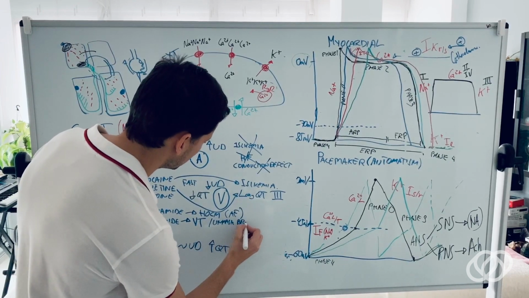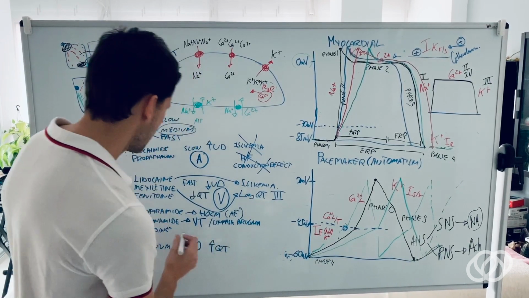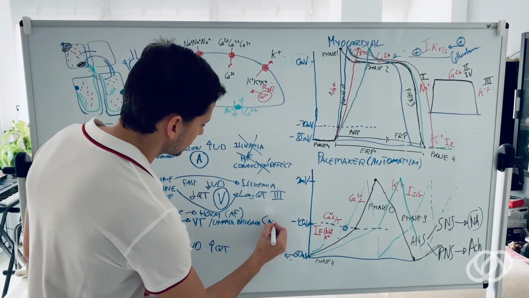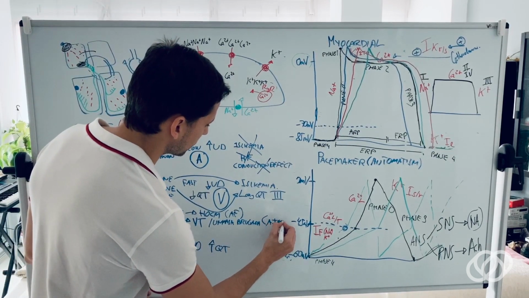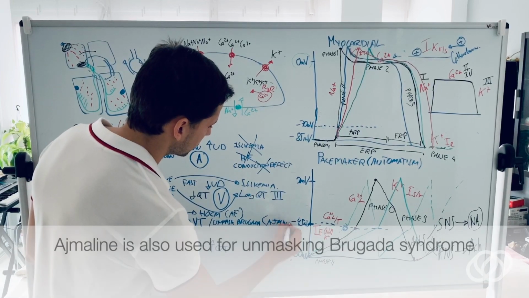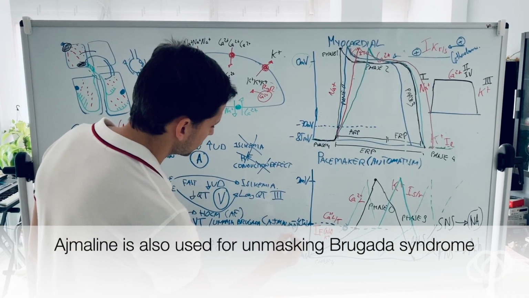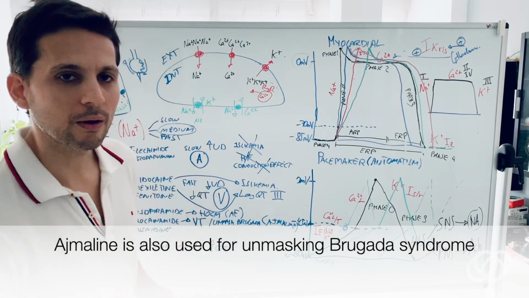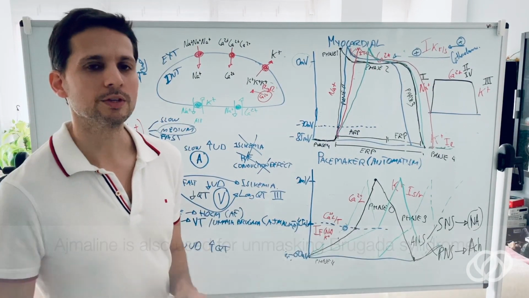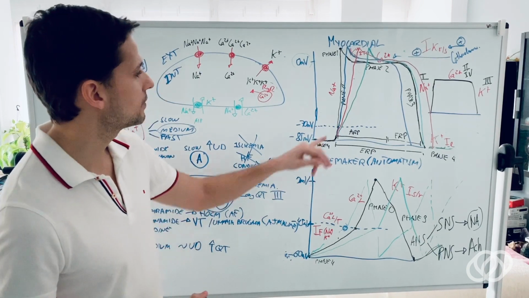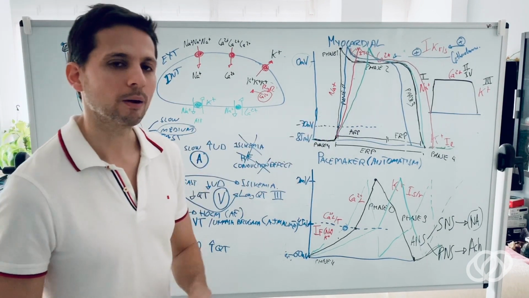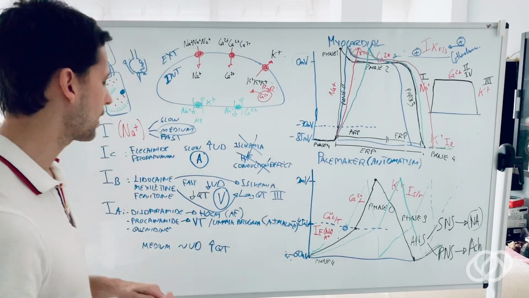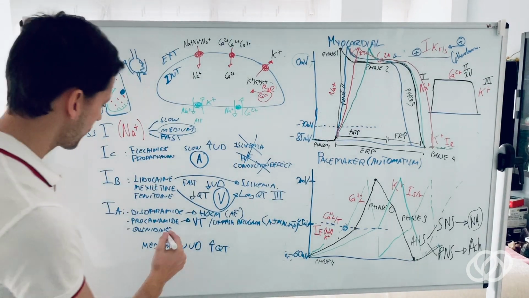With this purpose, we also use another drug that is called ajmaline. If we have a type 2 or type 3 Brugada where we are not sure whether this patient has Brugada or not, we give this sodium blocker and we try to unmask it and turn it into type 1 Brugada. And finally, we arrive at quinidine.